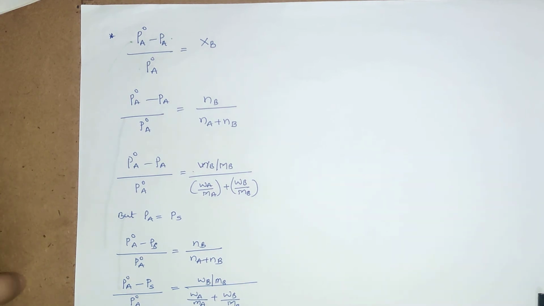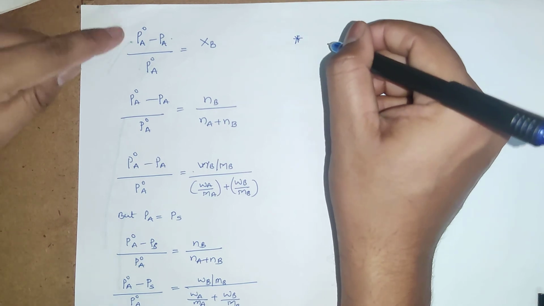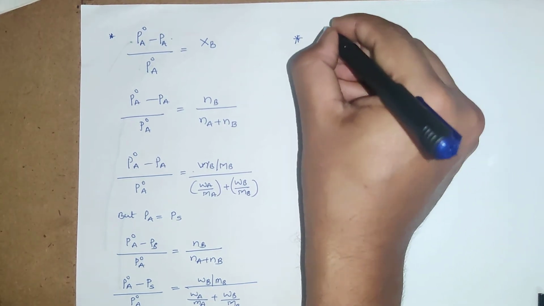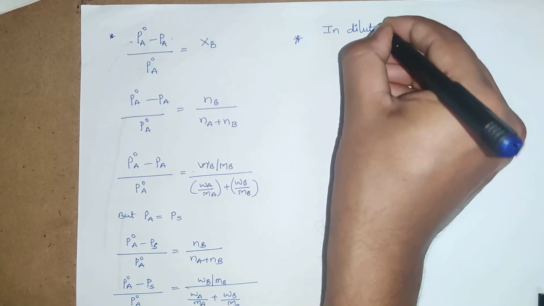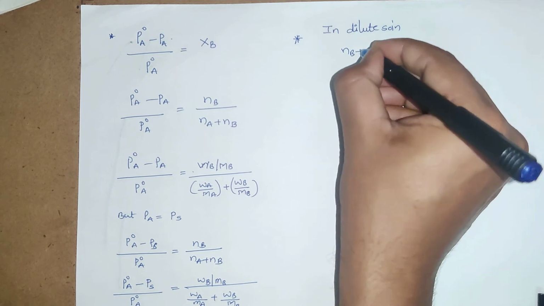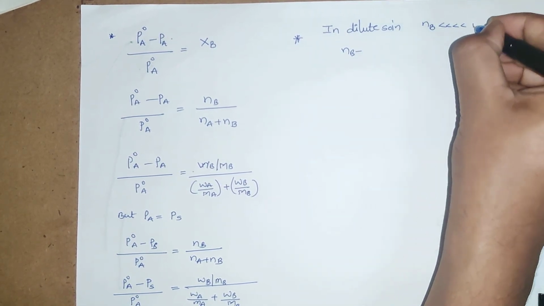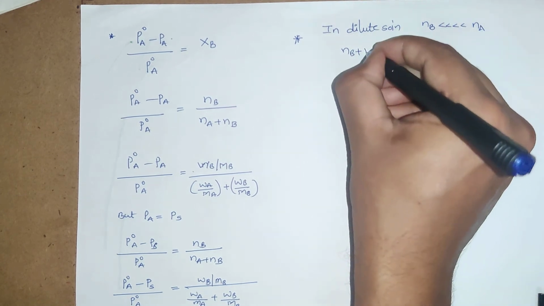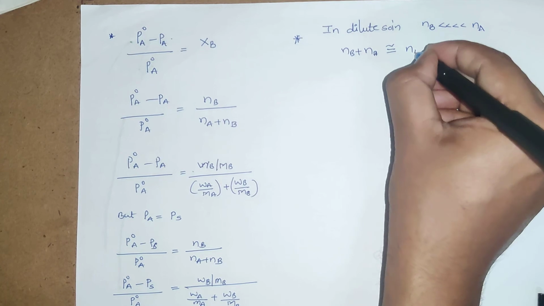But in most numericals we never use these longer formulas. We use the simpler formula for dilute solutions. In dilute solutions, the number of moles of solute is less than the number of moles of solvent. That's why Na plus Nb is approximately taken as Na.